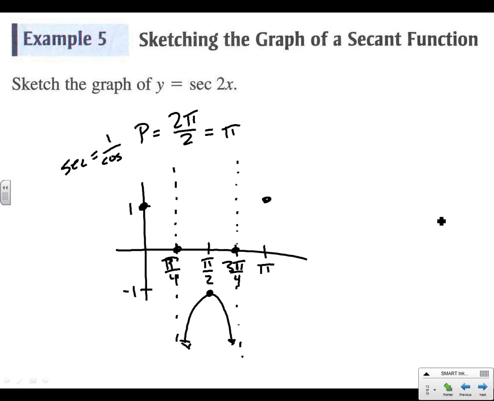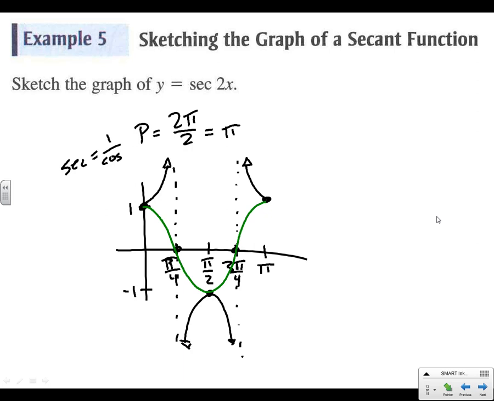Okay. Normally we'd be going down, so we're going to go up like that. Let me go ahead in green and connect the dots of the normal cosine curve. Might give you a little bit better idea of how we flip these over, the shape of the curves. All right, so in black there is your secant graph.